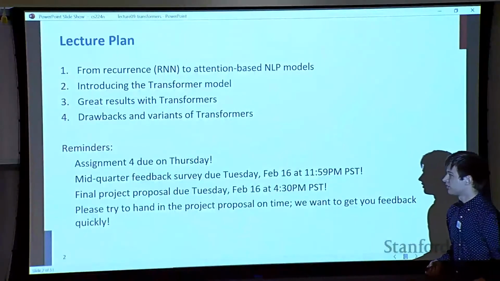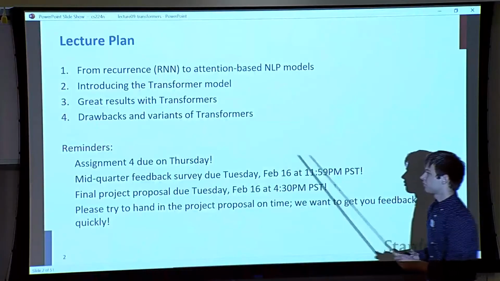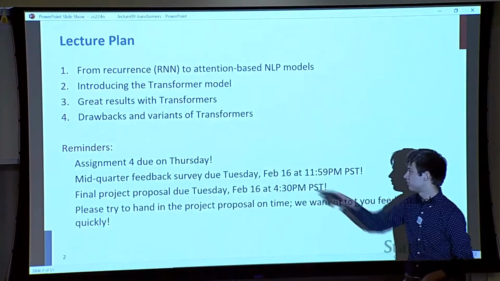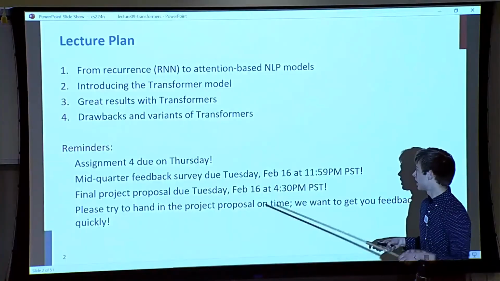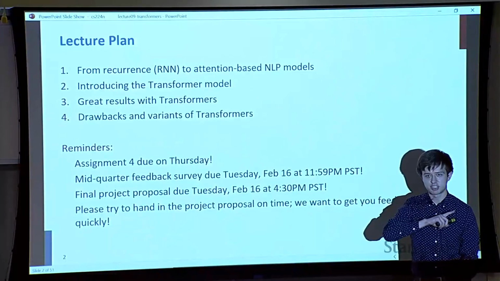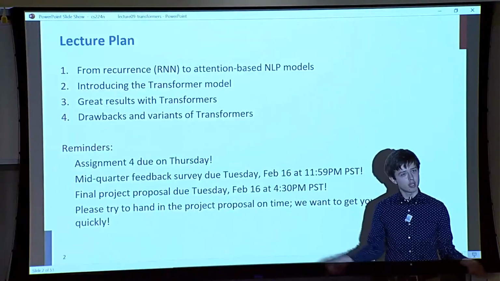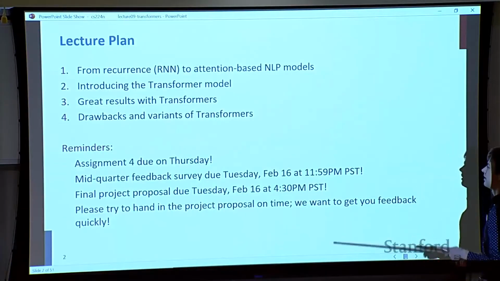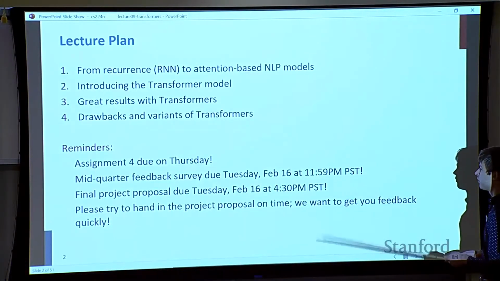So some reminders before we jump in. Assignment 4 is due. The mid-quarter feedback survey is due Tuesday, February 16th. You get some small number of points for doing that, and we really appreciate your feedback on what we've done well, what we can improve on. And then the final project proposal is also due.